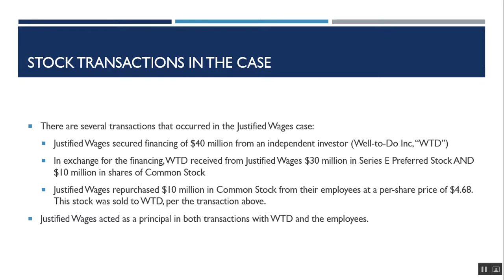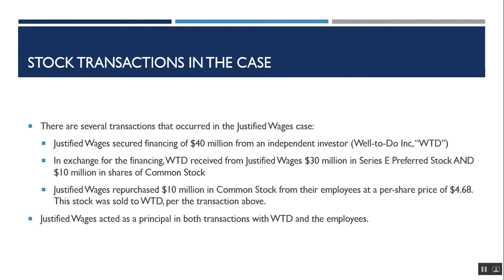In order to have enough common stock without having to issue any new common stock, Justified Wages repurchased $10 million in common stock from their employees at a per share price of $4.68. This stock was sold to Well-To-Do per the transaction above.